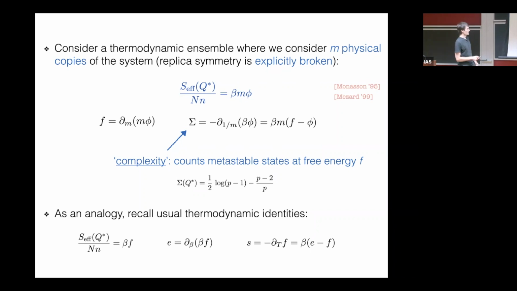So this complexity counts the number of states that you have at some free energy F. And you can compute this on shell in this p-spin model, this rotor model, and you find some explicit answer that doesn't depend on anything but p. And this is in some sense analogous to the zero temperature entropy. It says that at zero temperature we still have some large number of states in this free energy landscape. I should say these are all densities. So if I restore the overall capital N, then this complexity is extensive in N.